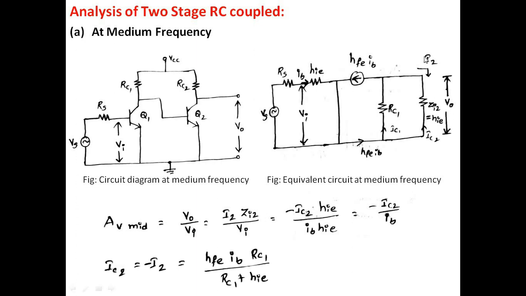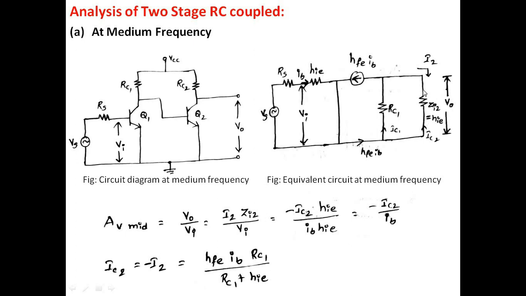Let us see this: IC2 equal to minus I2, or you write I2 is equal to minus IC2, whatever it is. Let us quote IC2 equal to minus I2, which is equal to HFE into IB into RC1. This is the current that is flowing through both RC1 as well as HIE.